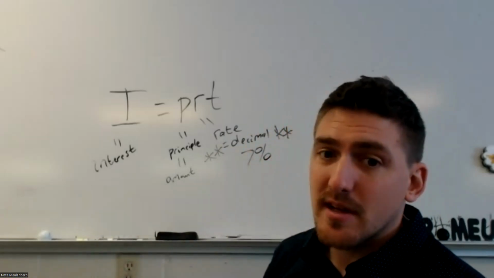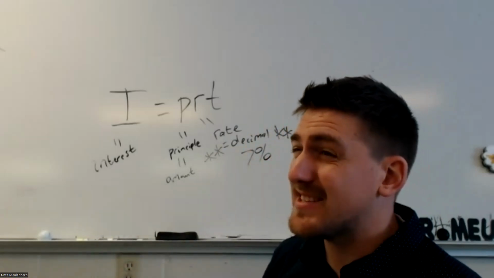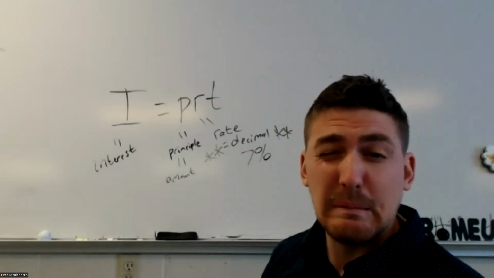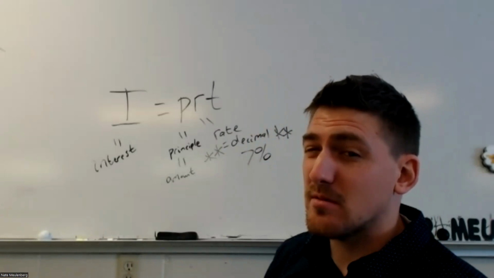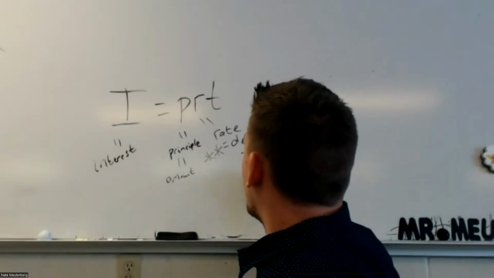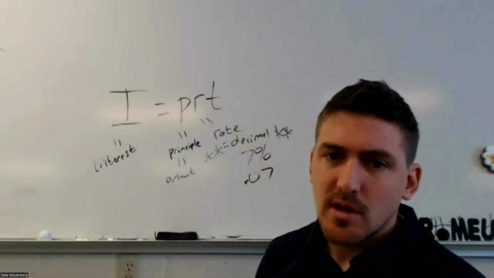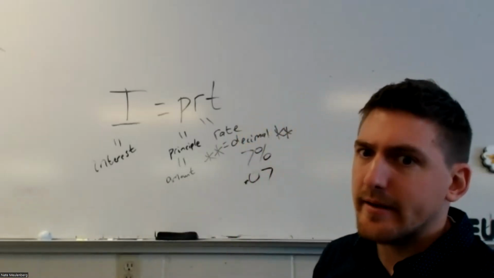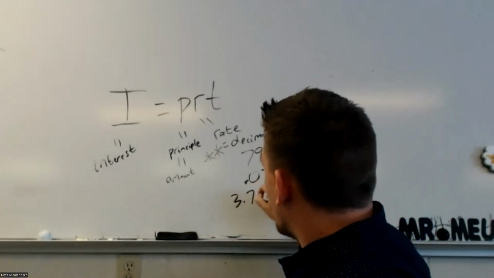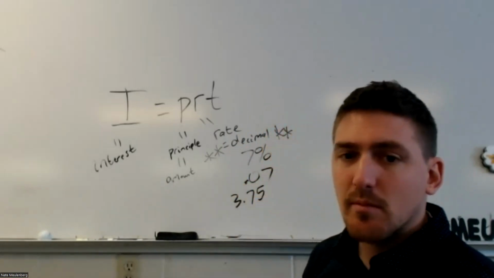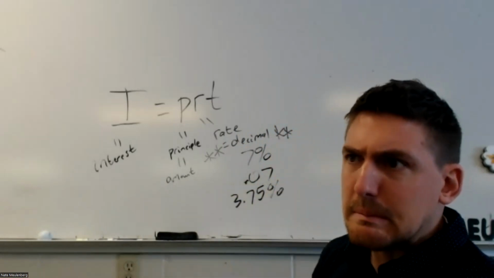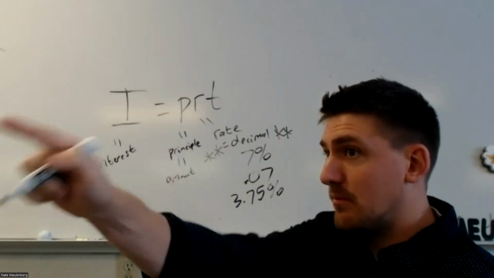How do you convert percents to decimals, Reagan or Charity? What's 7% as a decimal? 7/100. Yeah, it's a fraction. Decimal, 0.07. Yep, so this would be 0.07. If they tell you you're going to borrow this at 3.75% interest, what's 3.75% as a decimal? 0.00375.